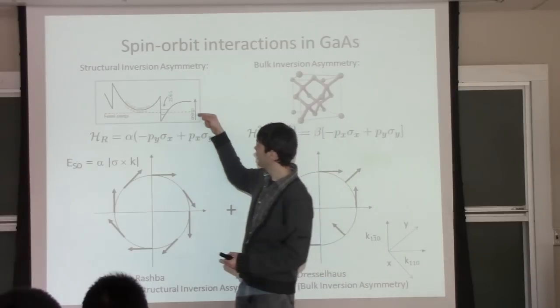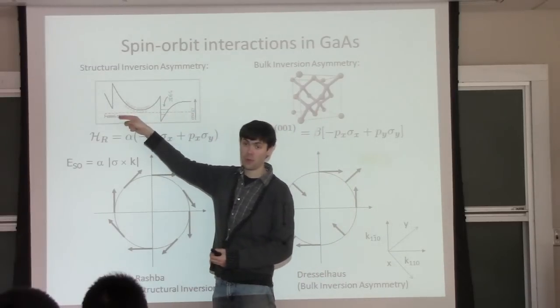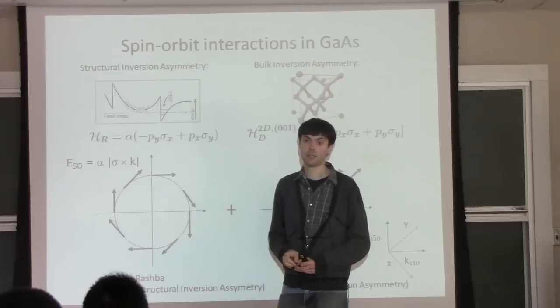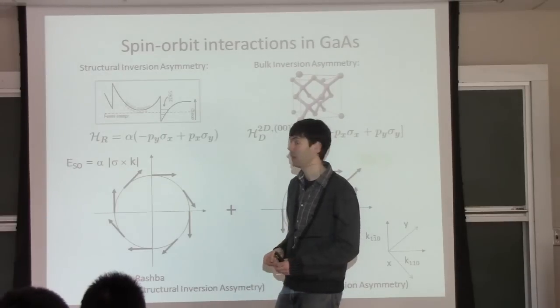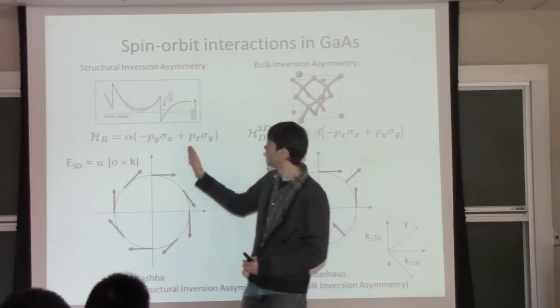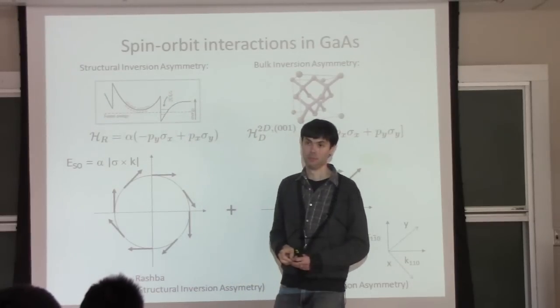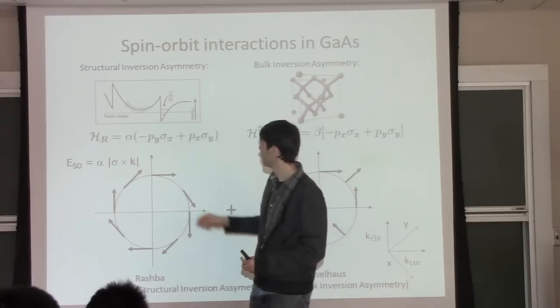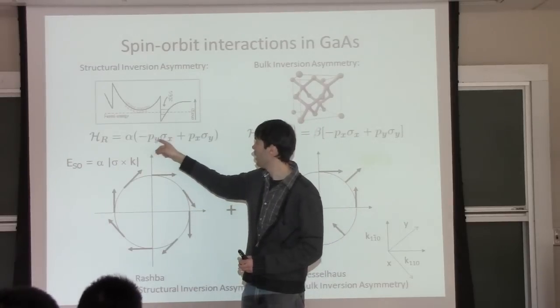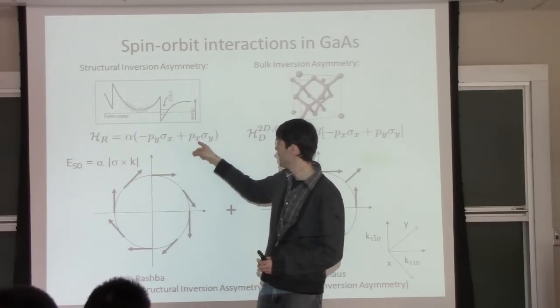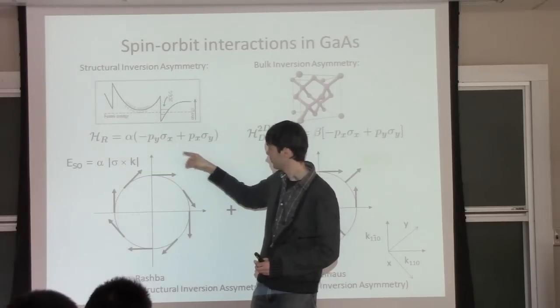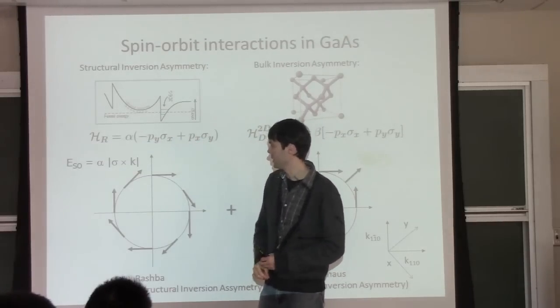And if this is a 0, 1, 1 growth direction in semiconductor terms, then in this plane, spin-orbit interaction will have this form. So p_y times sigma_x, p_x times sigma_y, and there are signs, appropriate signs here.